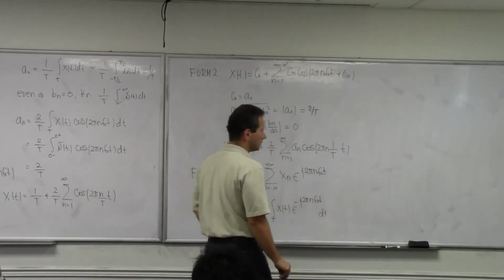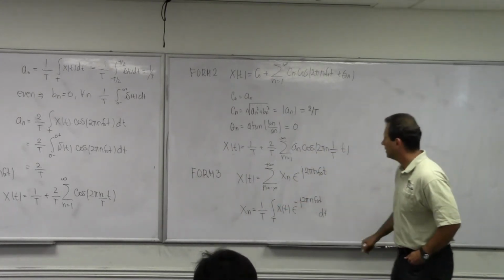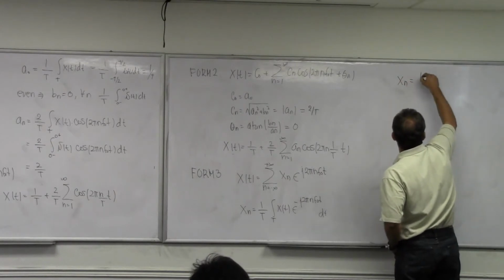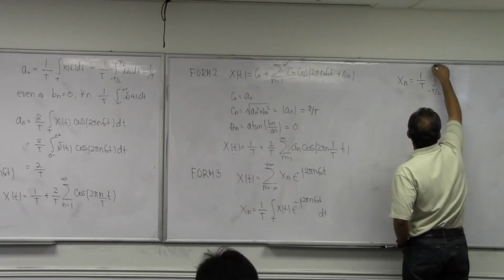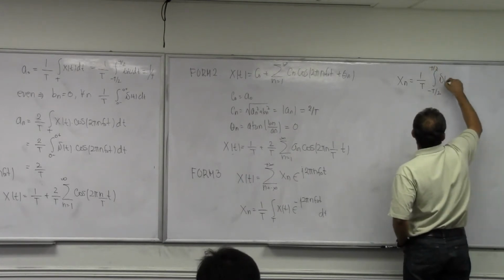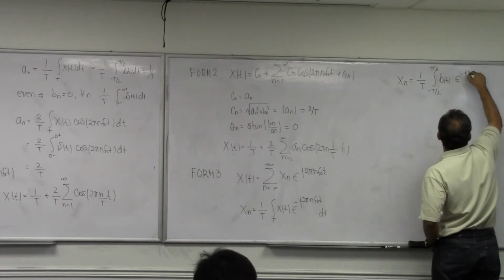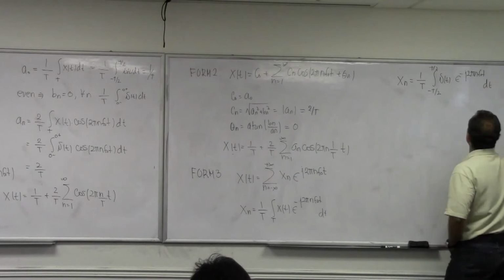So this is how xn needs to be calculated. So in this particular case, xn becomes 1 over T integral from minus T over 2 to T over 2 delta of t times e to the minus j 2 pi n f0 t dt.